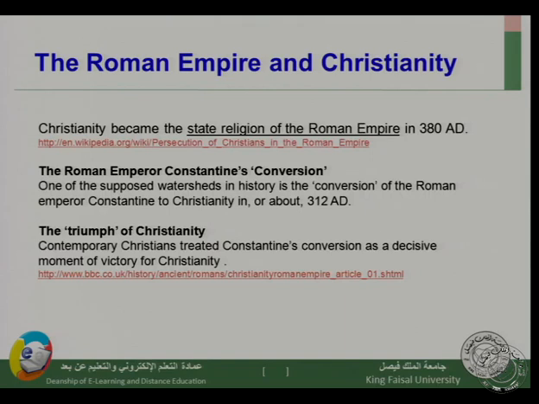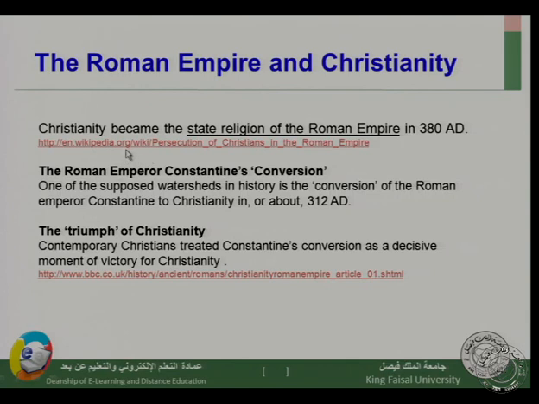By the power of the Roman Empire. By power and by authority, Christianity has spread. You may go to that link for more information.